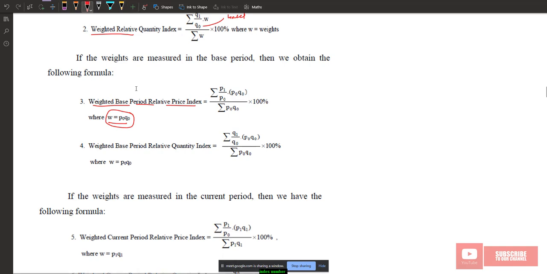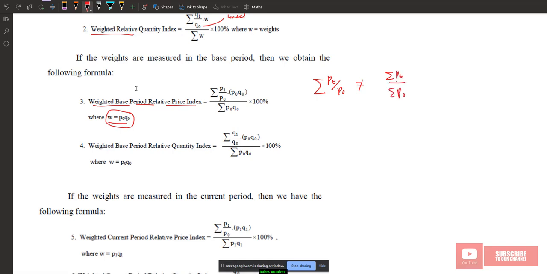And I just want to emphasize the big summation of PT divided by P naught is not equal to the sum of PT divided by the sum of the weight.